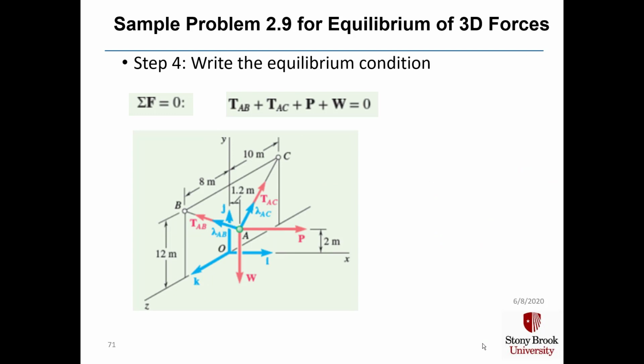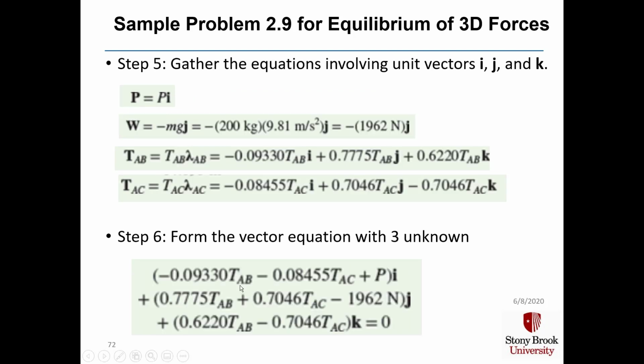We write the equilibrium equation, which sums the forces to 0. There's four forces, T sub AB plus T sub AC plus P plus W equals 0 in vector format. And we gather the equations we created, which involve the unit vectors i, j, and k. There's four of these equations in play.